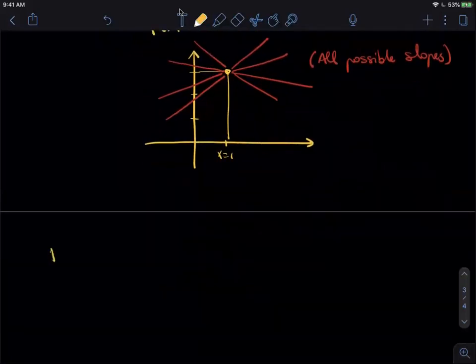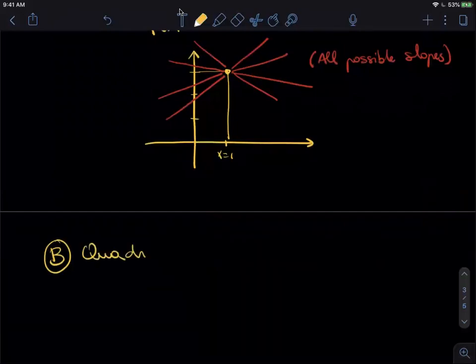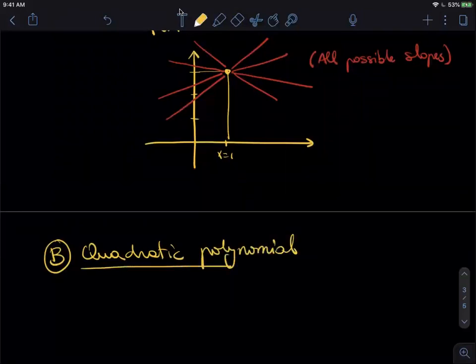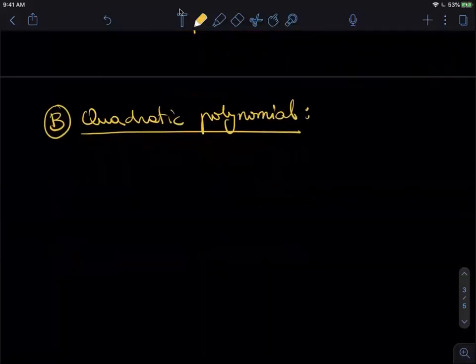So the second type is the quadratic polynomial. Here the template is ax squared plus bx plus c. In this case, the graph is a parabola.